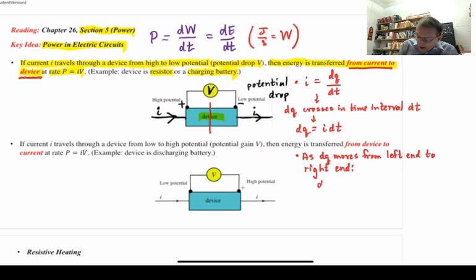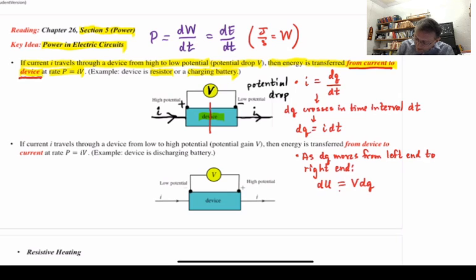it'll have an energy change dU, because it's potential energy that's changing. And just from the definition of electric potential, that's going to be the charge that moved, dq, times the potential difference it moved across, which is just V. I'm going to write it like this: V times dq. That's really just from the definition of potential as potential energy per unit charge.